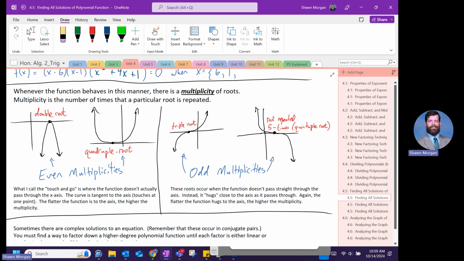If a root is repeated twice or 4 times or 6 times, it will touch and come back. Maybe it'll go down like, what do you call it with airplanes? Do they call it a touch and go? Yeah, where you maybe hit the runway and you keep on going back up. So that's even multiplicities. Odd multiplicities behave similarly. Instead of just going straight on through, they kind of get a little close and flirt with it for a little while. Then they pass through. Then they stay a little close, a little bit longer, and then they're gone.